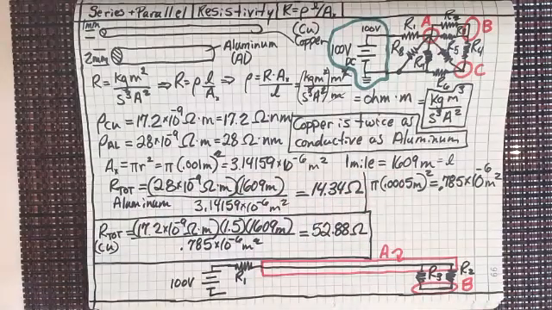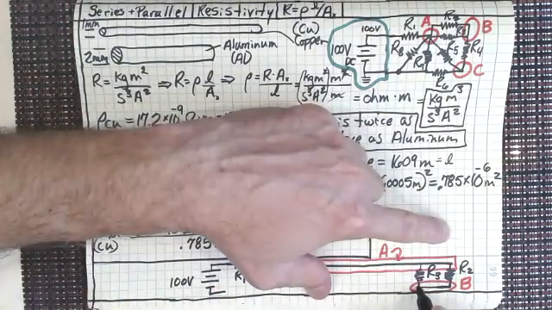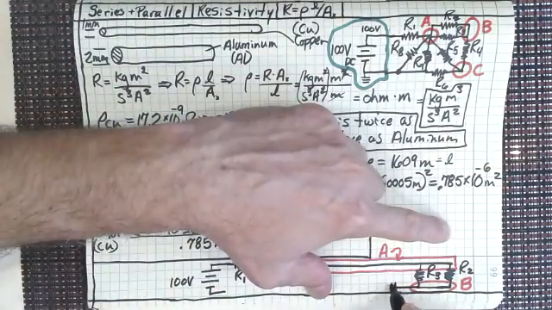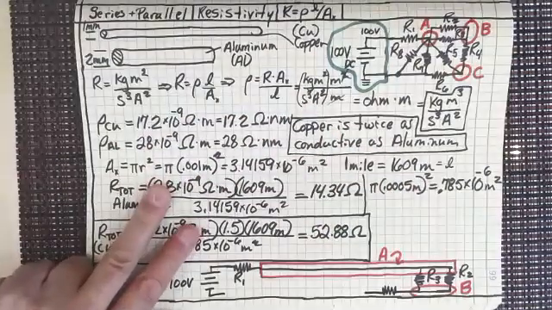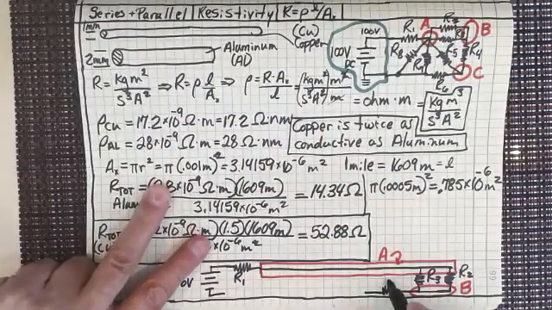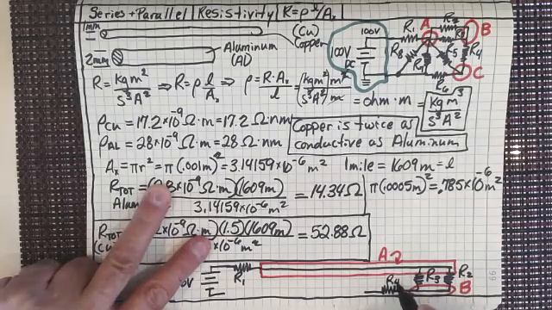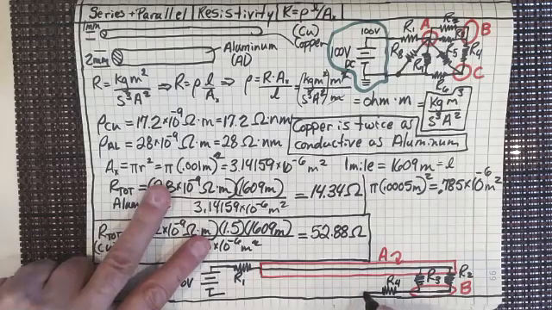Now, what separates node B from node C? I think everybody can see that it's going to be a resistor, right? And we know what resistor that is. That's resistor R4, right? R4 is going between the B and C nodes.